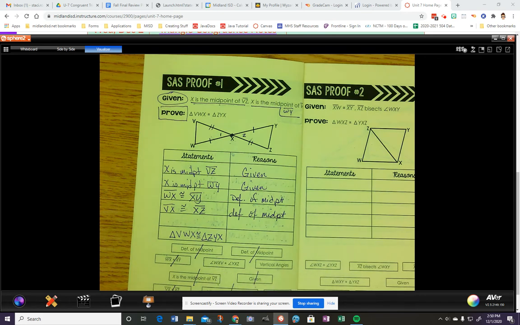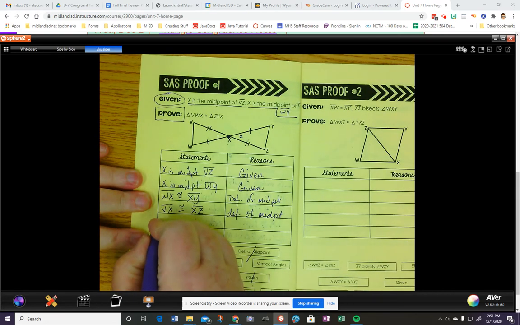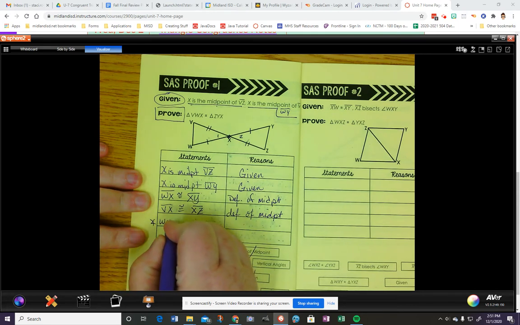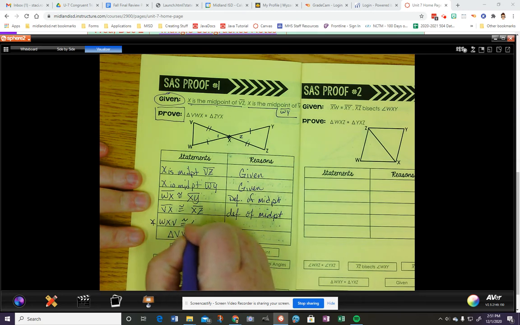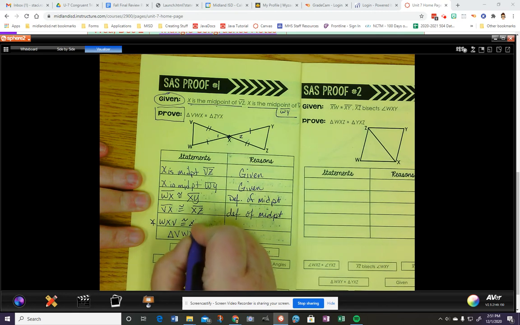Says that they're congruent. Why? I'm going to write that down. Angle WXV is congruent to angle, what did it say? YXZ.